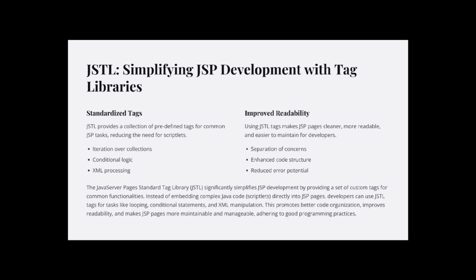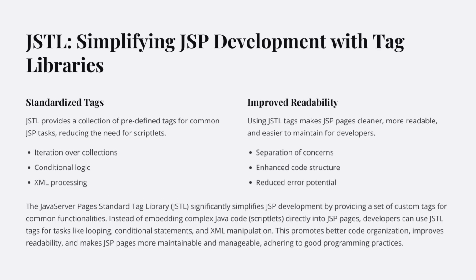So our next point is JSTL. The full form of JSTL is JavaServer Pages Standard Tag Library. So basically it provides a library which has all the tags required for JSP. JSTL provides tags like loops, conditions and formatting.